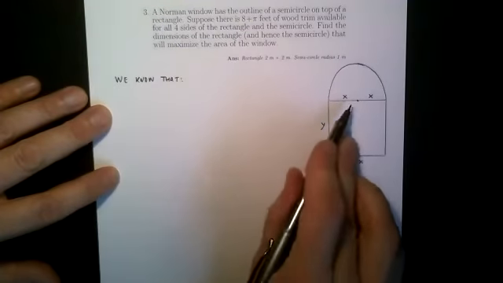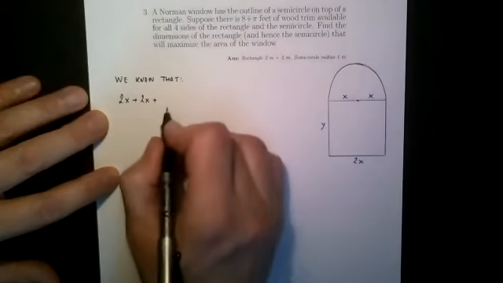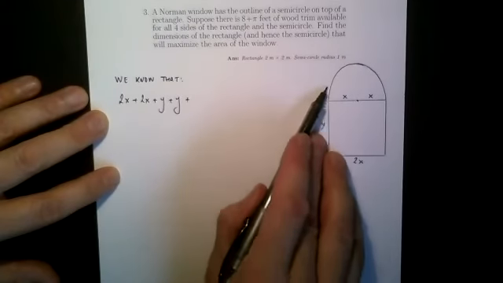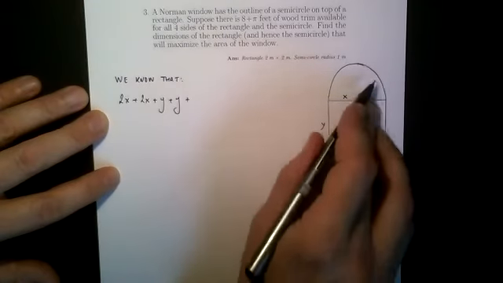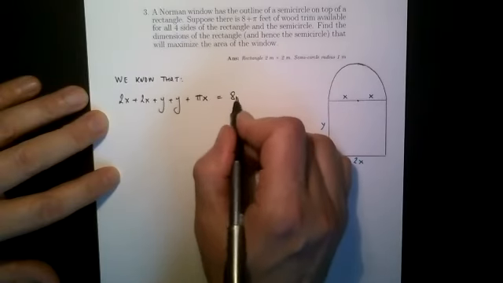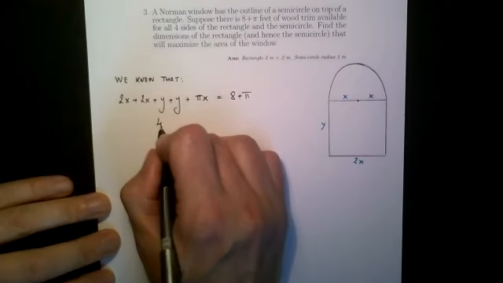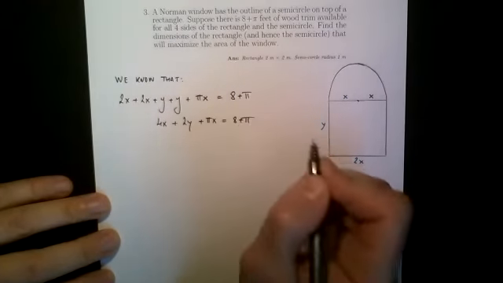So 2x plus 2x plus y plus the length of this is what? So 2 pi x, pi x, very good. 2 pi x divided by 2, so pi x has to equal 8 plus pi. This is given to us. In other words, 4x plus 2y plus pi x equals 8 plus pi.